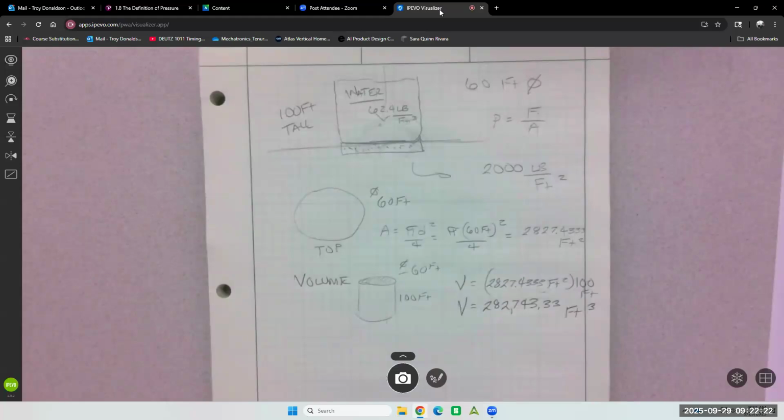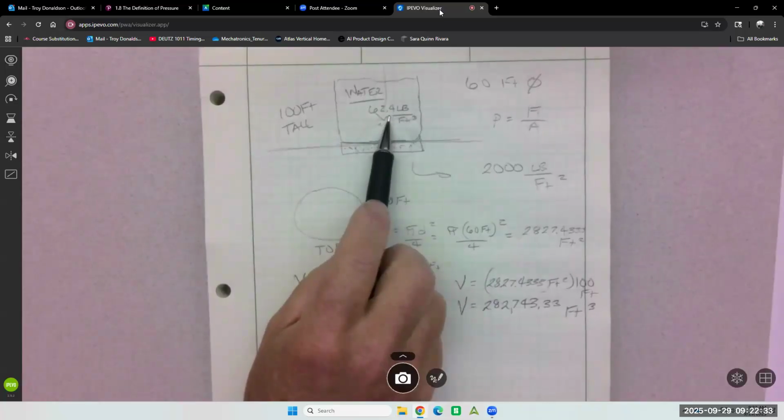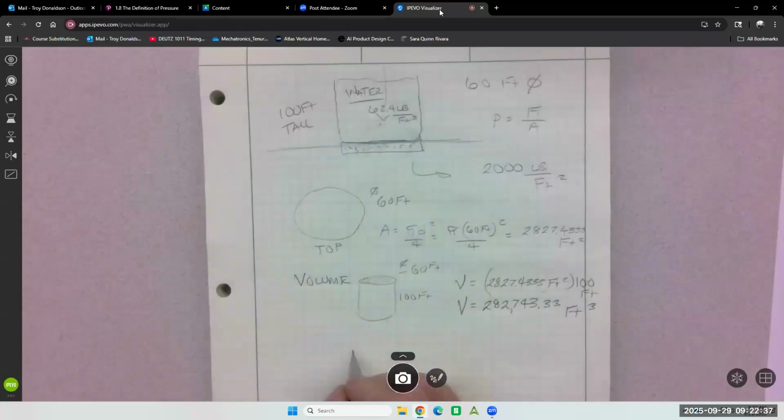Everyone see where I got that? Okay. Now you know the volume, you know how many feet cubed there are. For every foot cubed, you've got 62.4 pounds, right? So weight is going to be the specific weight times the volume.